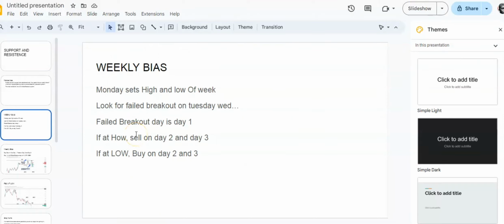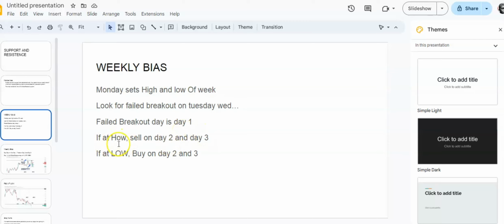So, when I'm looking at a failed breakout, we have 3 days of trading. We have the first day, which is the signal day, and that is the failed breakout. Now, if I have that failed breakout, the next day will be day 2 and day 3 will be the day after.